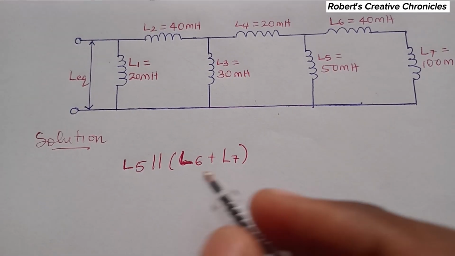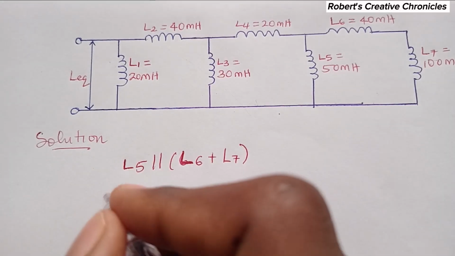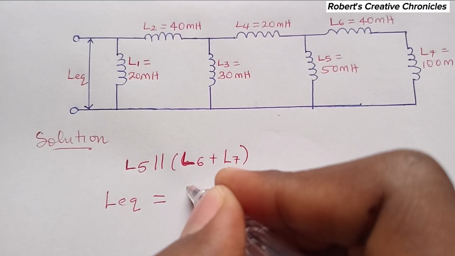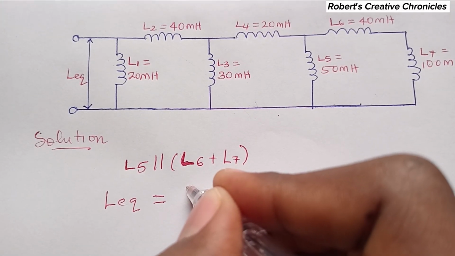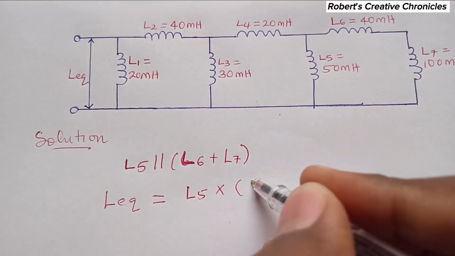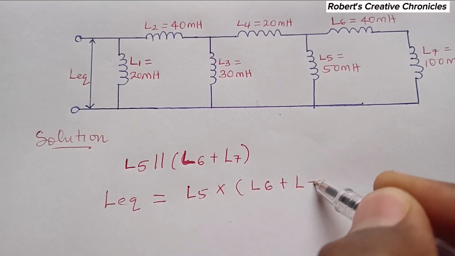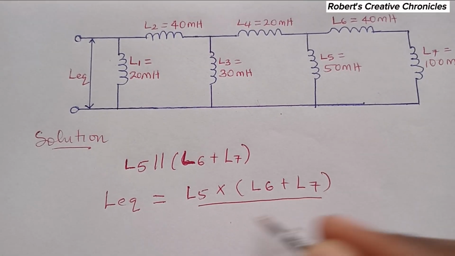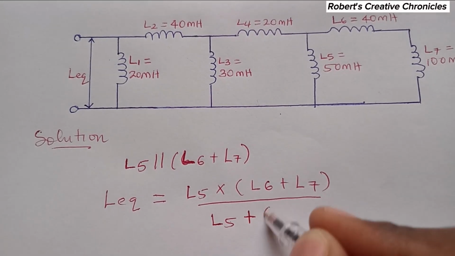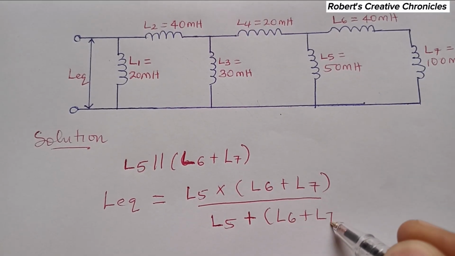So the equivalent inductance here would be product over sum. It will be L5 times (L6 plus L7) over L5 plus L6 plus L7.